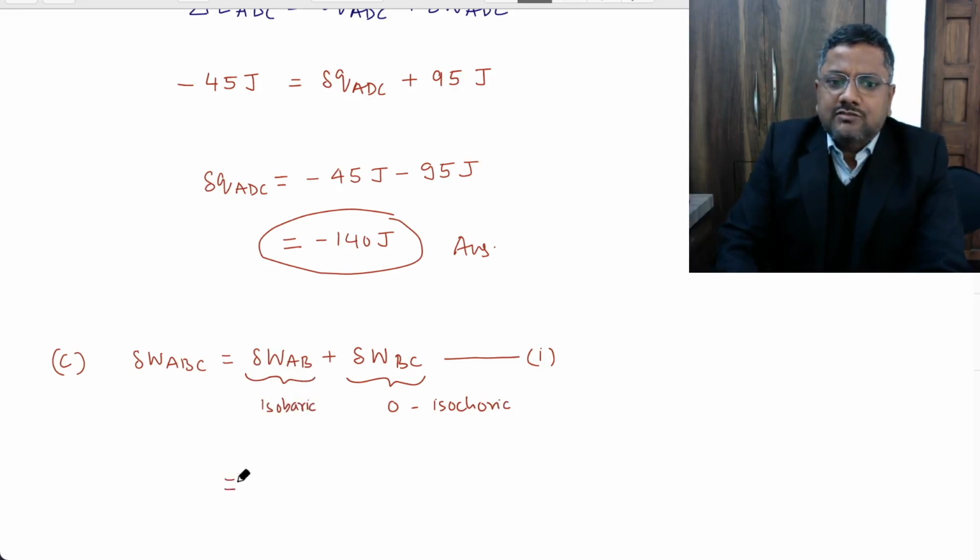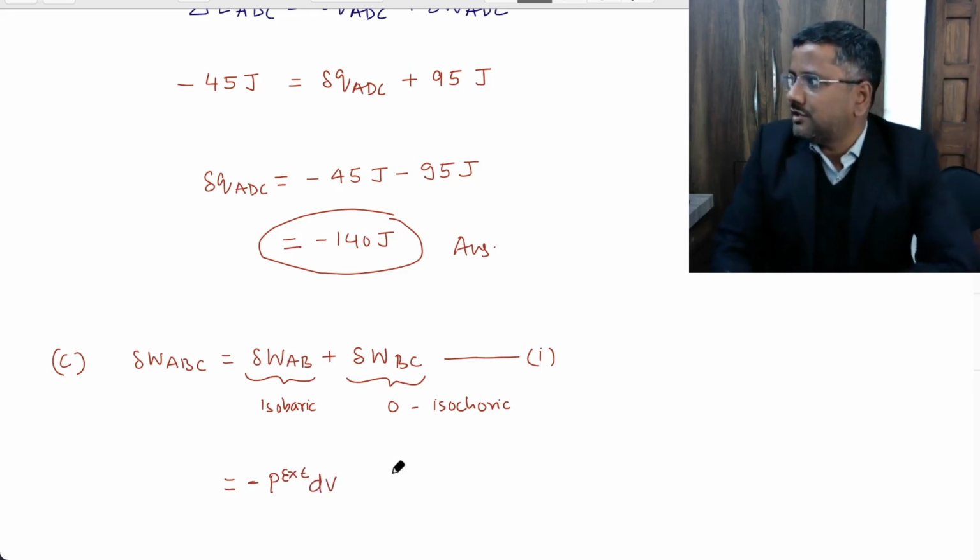So this is equal to minus of P external dV. We can write P external dV.